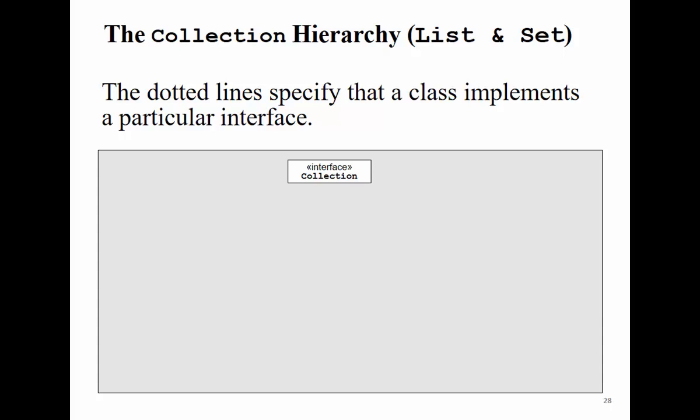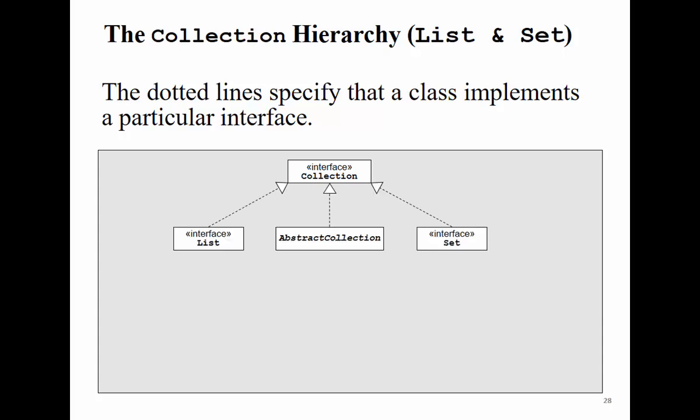By looking at how Java organizes these lists, sets, and maps, we will have the collection interface. And I think most of you now understand what I mean by interface. It's a set of methods. There's no implementation inside this collection interface. Then this interface is extended to the list interface, to abstract collections, then the set interface.